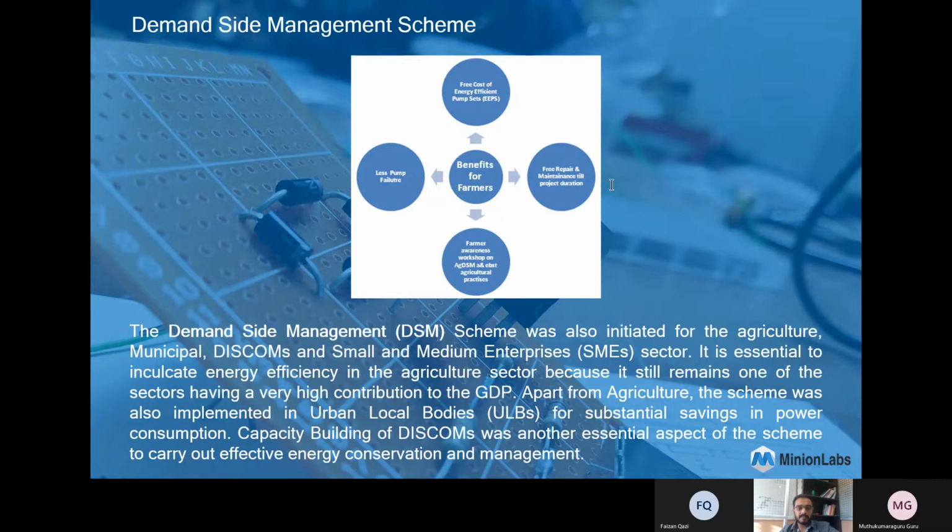Apart from agriculture, the scheme was also implemented in urban local bodies for sustainable savings in power consumption. Capacity building of discoms was another essential aspect of the scheme to carry out effective energy conservation and management. Energy efficiency was also implemented in selected 25 SMEs to assess energy use and technology gaps.